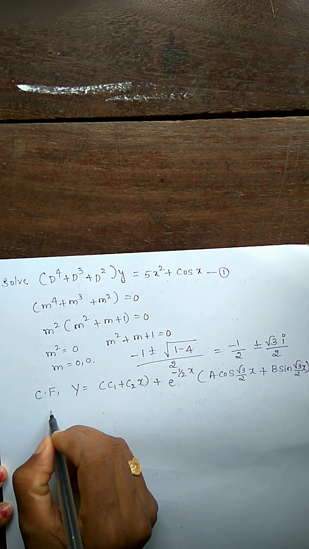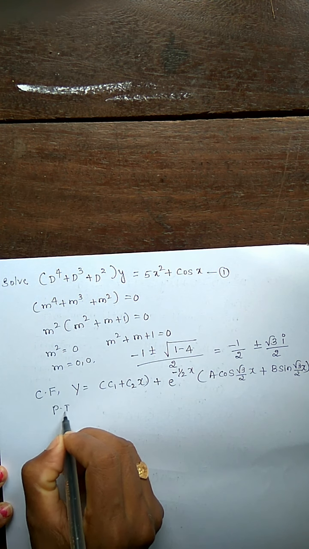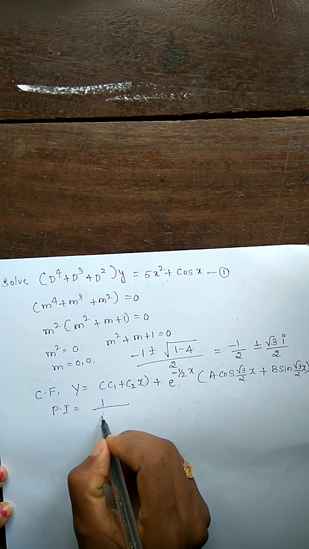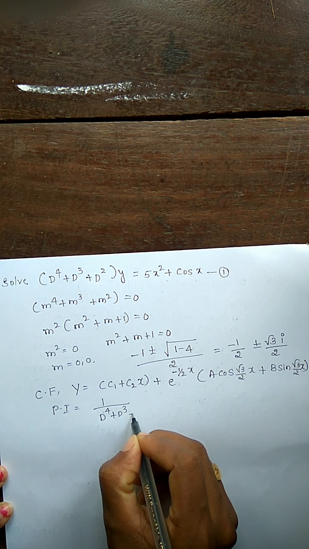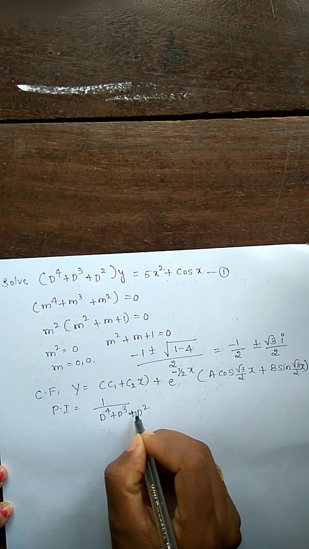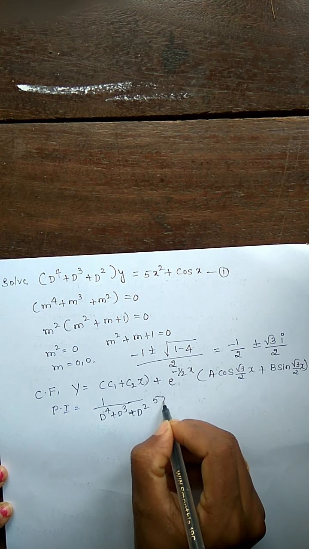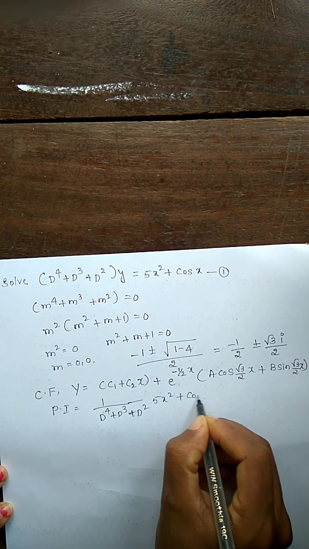Now to find the particular integral, consider here 1 by D power 4 plus D cube plus D square into 5x square plus cos x.